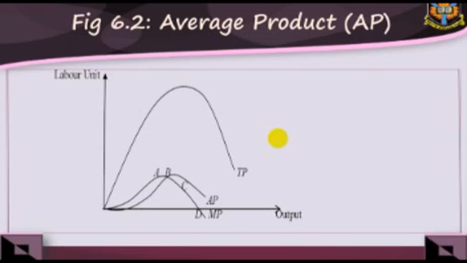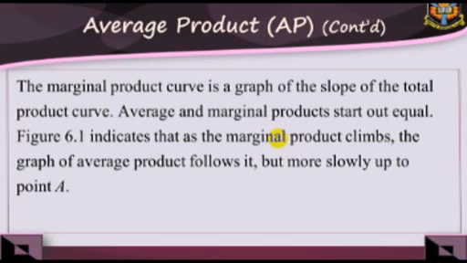the average product falls. Figure 6.1 shows a typical production function and both the marginal and the average product that are derived from it. The marginal product curve is a graph of the slope of the total product curve. Average and marginal product start out equal.